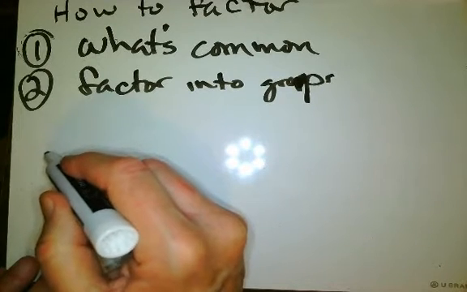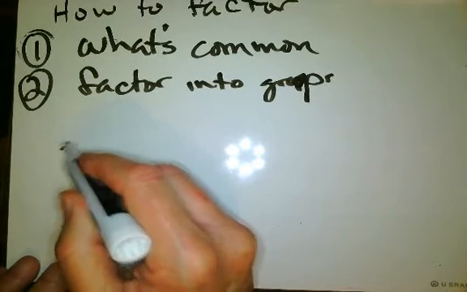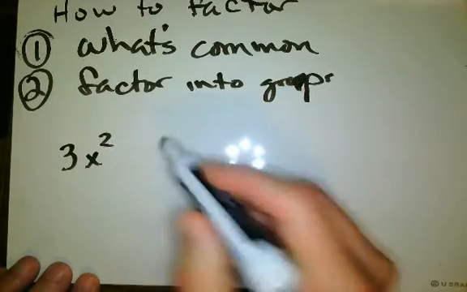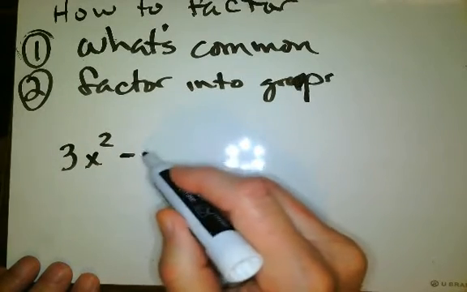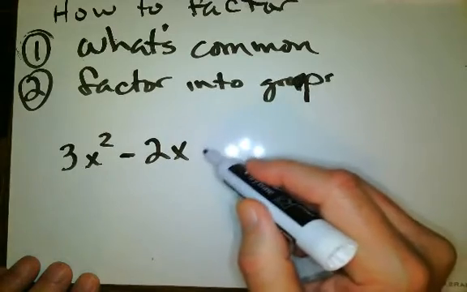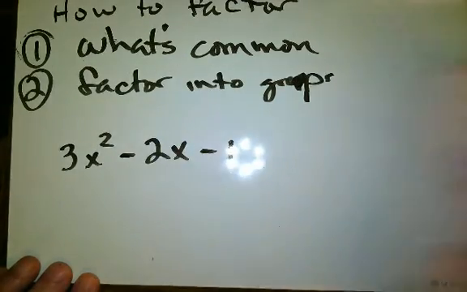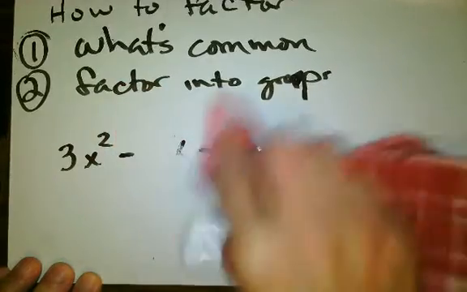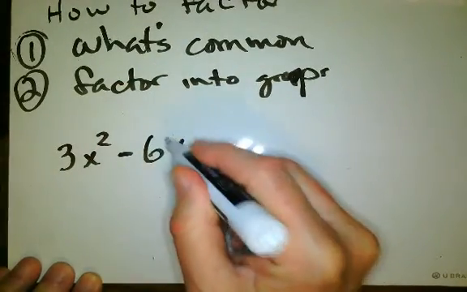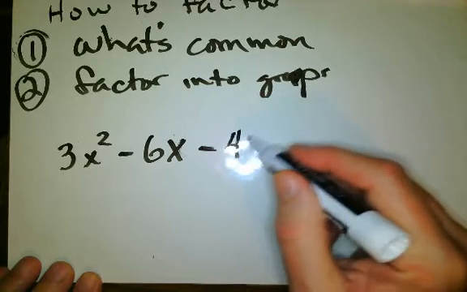Say we had something like this: 3x squared minus 6x minus 45.